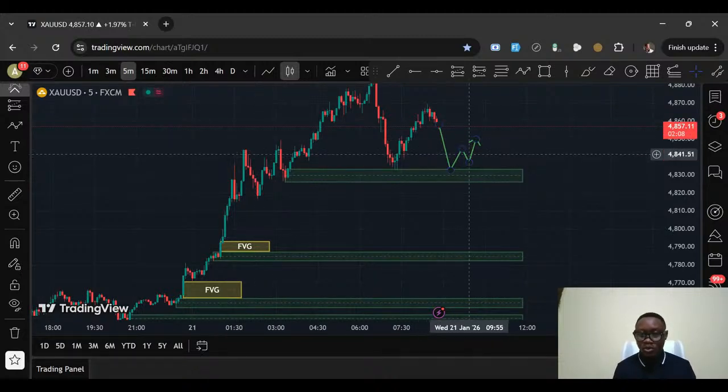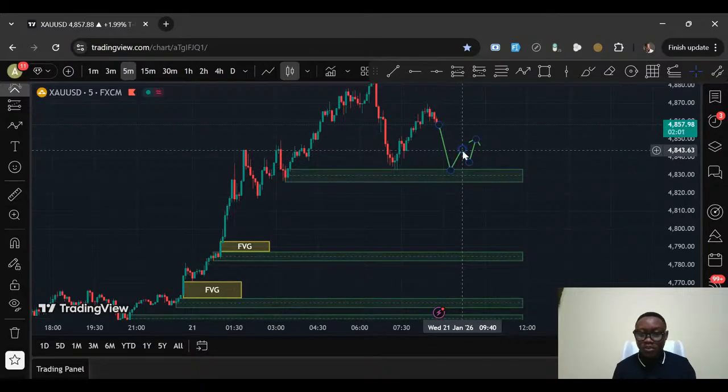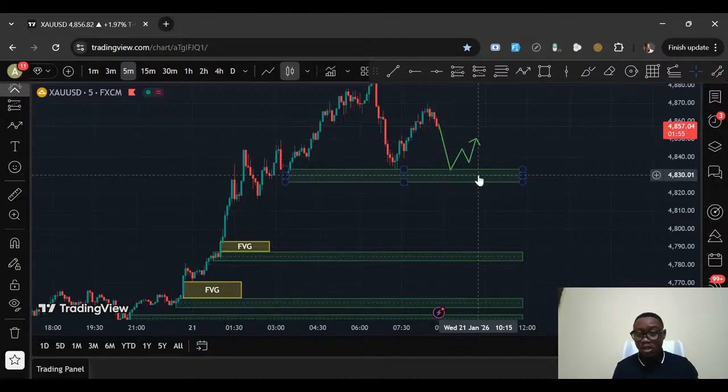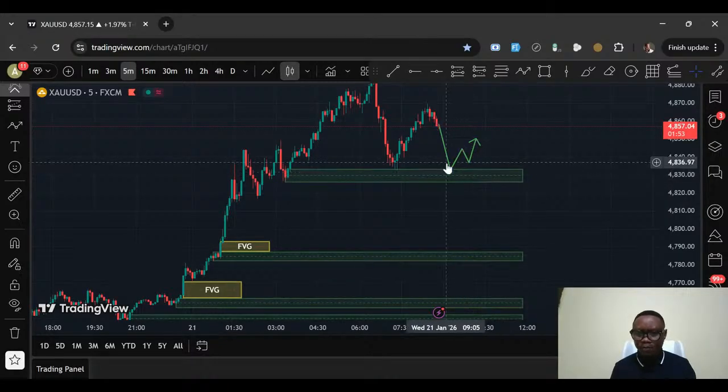This same structure I'm drawing, you go to the 3-minute time frame and identify this structure: price tapping into your zone, giving you a bullish move in the case of a bullish trend like this, or a buy or demand order block zone like this. You look for a bullish move. If it's a supply order block zone, of course, a bearish move. So it gives you a bullish move like this, then you wait for a pullback.